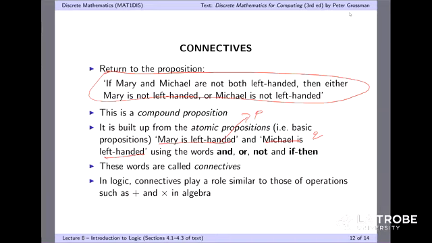So this is the implication of a statement which I still have to write. In the first half, it says, if Mary and Michael are not both left-handed. So you pull the not out because it's a unary operator. Here I'm saying Mary is left-handed and Michael is left-handed. No.